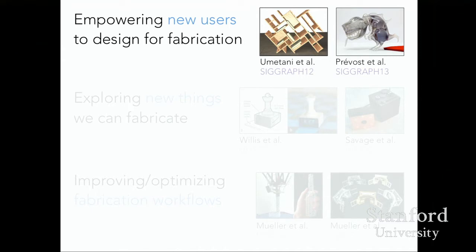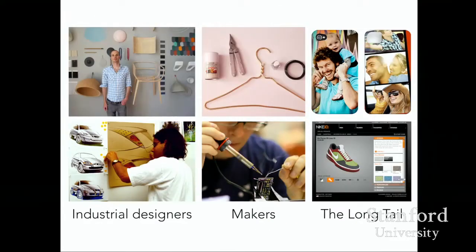Okay, so if we're talking about trying to empower new users to design for fabrication, who might these users be? Well, on one hand, some of them could very well be industrial designers. These are people who are already participating in the process of creating physical things.